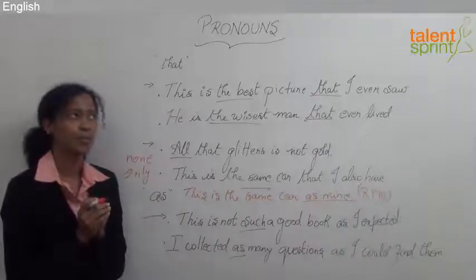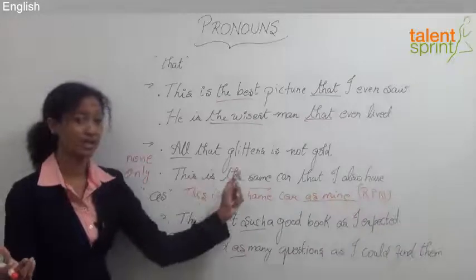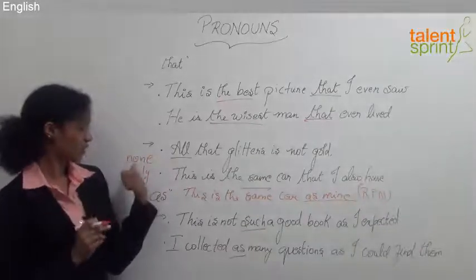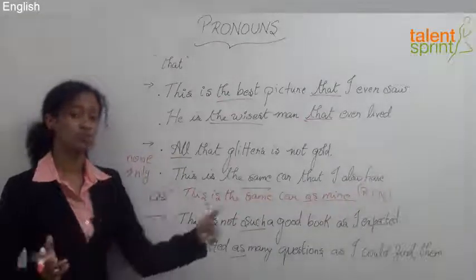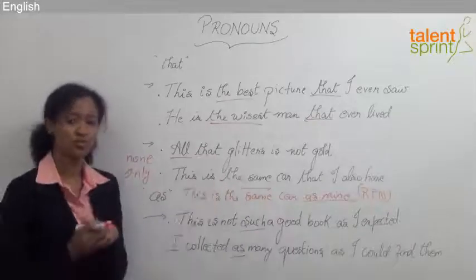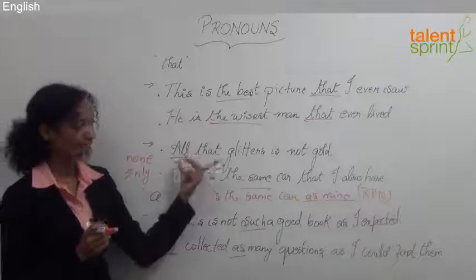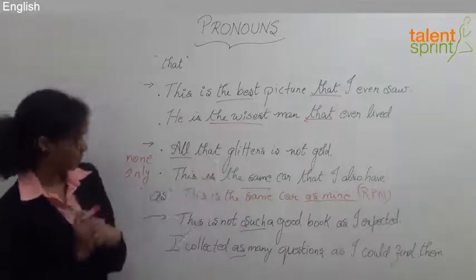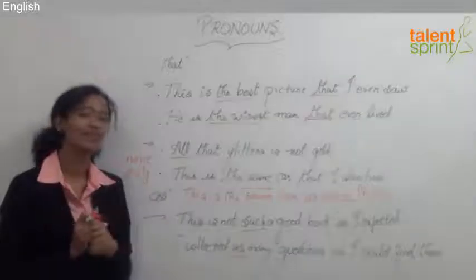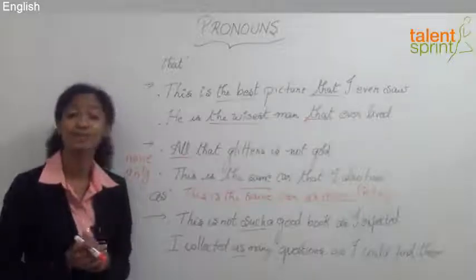For example, man is the only animal that can laugh. Or, there was none that was not moved to tears. So when words like all, same, none, only precede in the first clause, that is used. Alright? Great. We've understood the application of that as a relative pronoun and also as a relative pronoun. Let's move to the next pronoun.